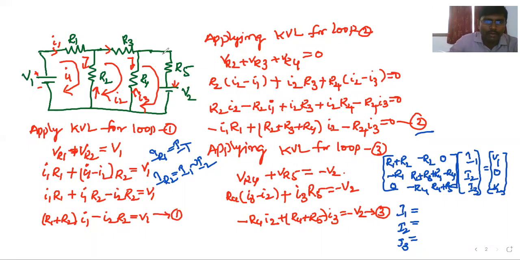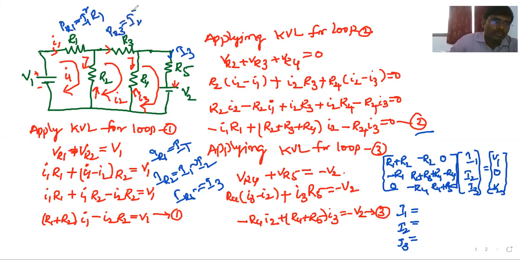Suppose for R5, what is the current flowing through R5? I3. So IR5 is equal to I3. Once we know the current flowing through the resistances, we can find the power. Suppose you want to calculate PR1, it is equal to I1 square R1. PR3 is equal to I2 square R3. Like this, using mesh analysis, one can solve the network. Okay, any questions from anybody?